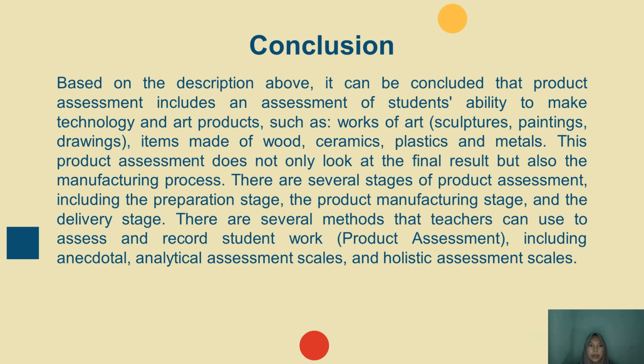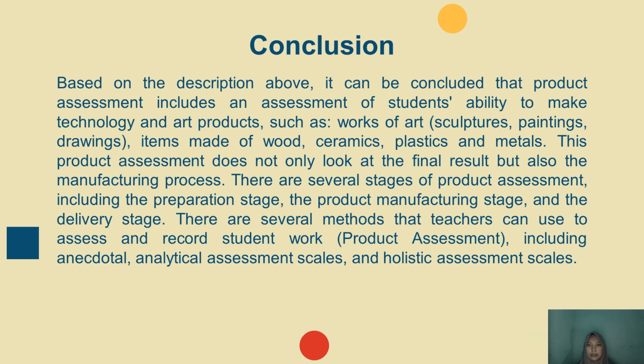Then the last, we have the conclusion of this material. Based on the description above, it can be concluded that product assessment includes an assessment of students' ability to make technology and art products, such as works of art, sculptures, paintings, drawings, and items made of wood, ceramics, plastic, and metals. This product assessment doesn't only look at the final result, but also the manufacturing process.